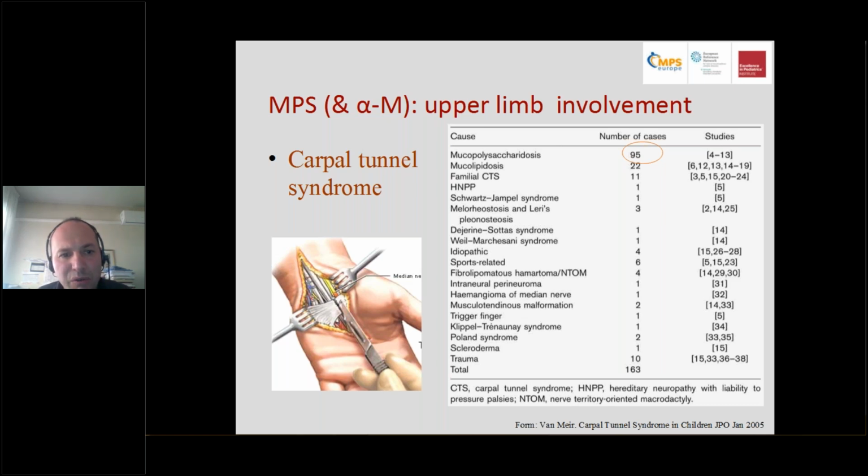And the same for the carpal tunnel syndrome that is often reported in mucopolysaccharidosis. I would like to present this famous study. It considered 163 children with carpal tunnel syndrome, and we can say that almost half of them have a mucopolysaccharidosis. So, in the presence of a carpal tunnel syndrome, please think about a mucopolysaccharidosis, because carpal tunnel syndrome in a child is really uncommon.